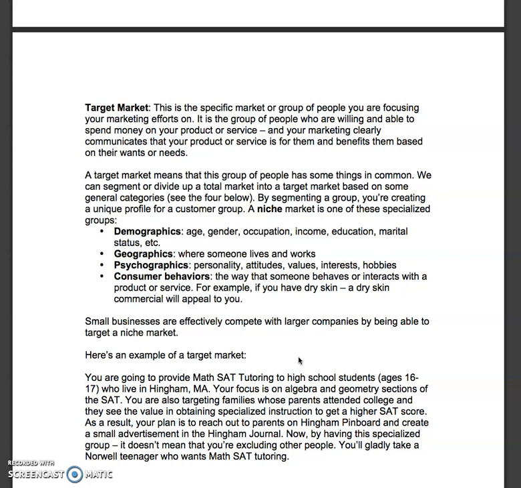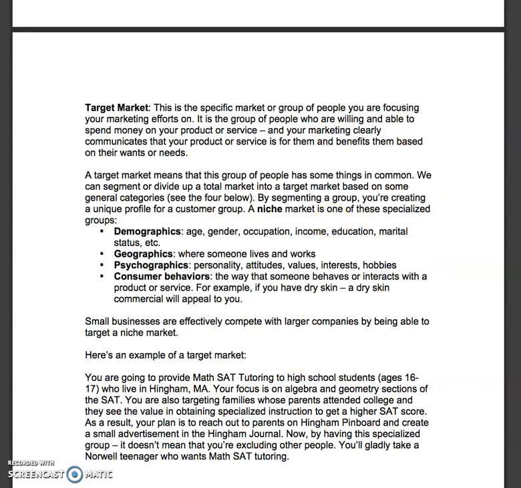You could say, if you advertised in a national newspaper or on ESPN, would you reach more people? Absolutely. But would you reach more people within your target market? No. You'd be wasting a lot of money showing your product or service to people who wouldn't have an interest, and you wouldn't get a return on your investment in advertising dollars.